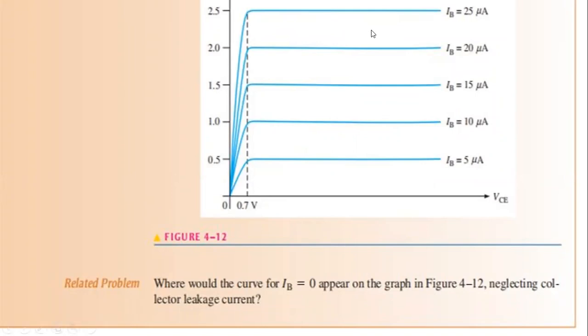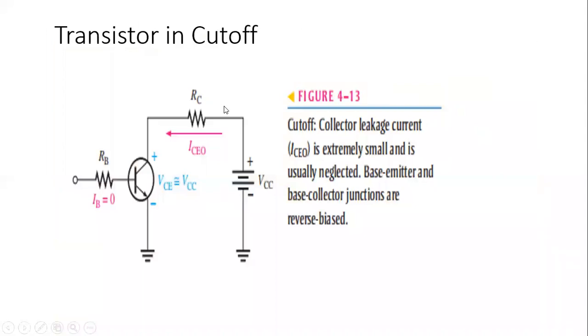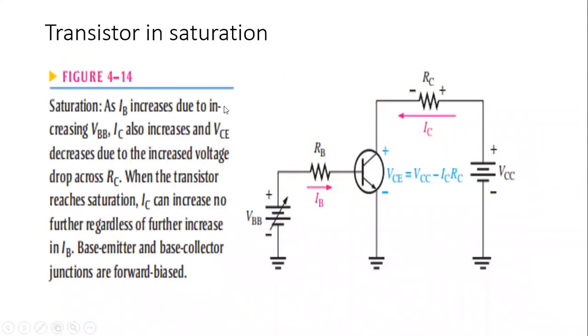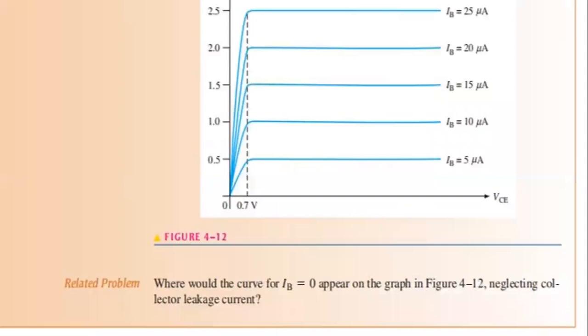So output characteristic is first step. How do we measure the output characteristic? We have to set one input parameter, that is IB, as a constant and vary the output voltage VCE and measure the current IC.